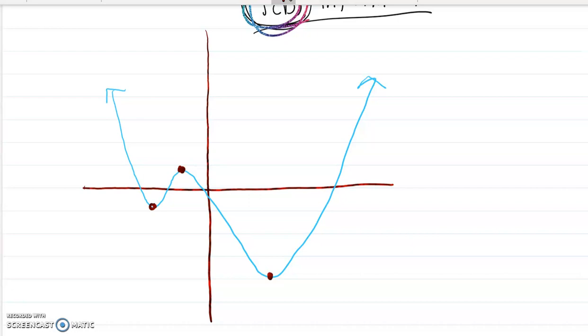So those two points we can say are minimums, and that can be the maximum so far, right?